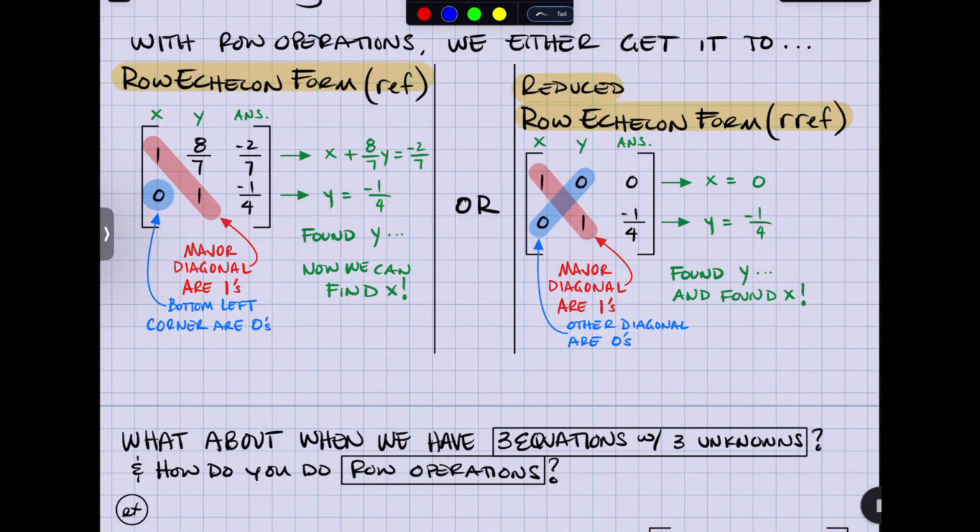I know my answers. Whereas with row echelon form, again, the question is how many steps do you want to take? Row echelon form, fewer steps, but still work left to be done. Reduced row echelon form, more steps, but your work is completely done. Okay? Any questions so far? We're okay? Not as intimidating?